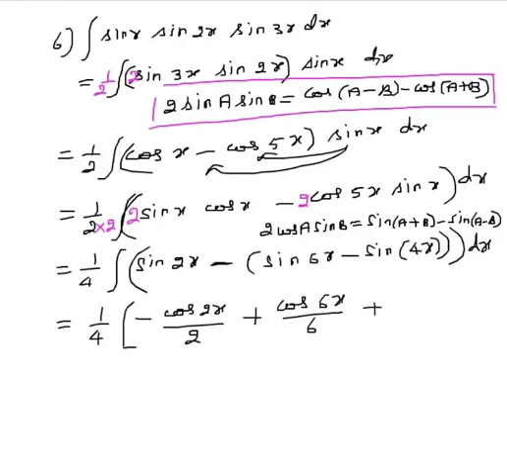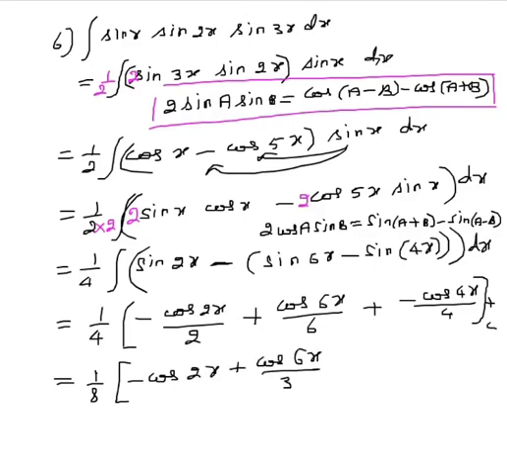Plus sin 4x integration is minus cos 4x divided by 4 and plus c, which is equal to 2 is common. 1 by 8 times minus cos 2x plus cos 6x divided by 3 minus cos 4x divided by 2 and plus c.